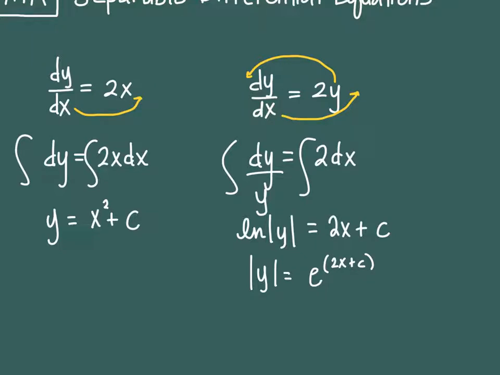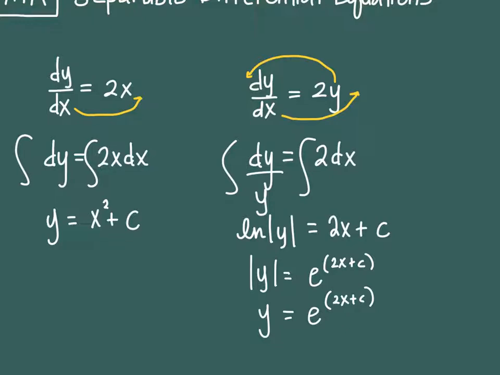Then you won't be able to get y alone until you know what the domain of this is. We know that e to anything is always going to be a positive number, and since e to anything is always going to be positive, we can drop the absolute value. So we've got two very different answers based on two separate differential equations.